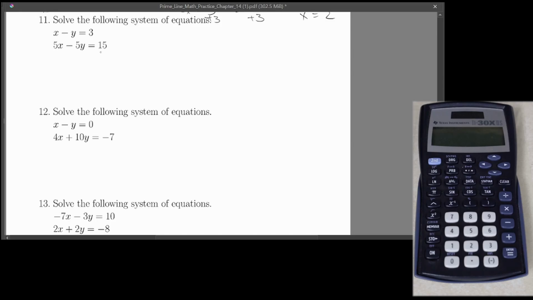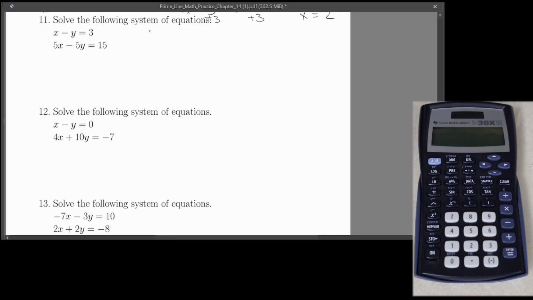On this equation, if you notice that this second one, we could divide it by 5 and we get the exact same number as the top, that would work out and it would cancel out. Alternately, we could try and manipulate it or multiply different values here. So let's do it with the substitution method.